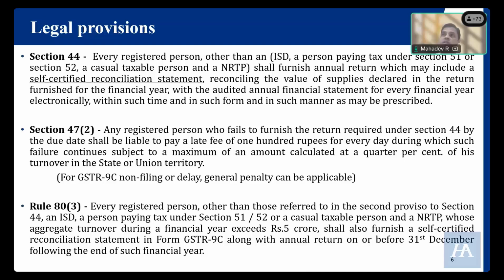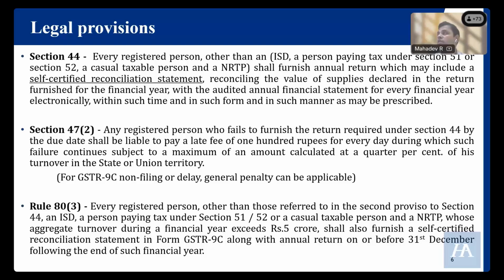Now there are notices wherein the demand of late fee also has been made when 9 is filed but 9C is not filed. This is based on the interpretation that if you see section 44, it says annual return needs to be filed which may include self-certified reconciliation statement.